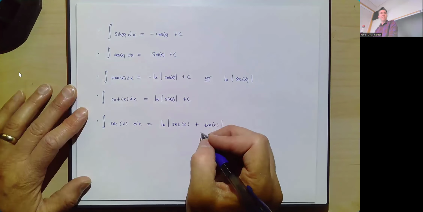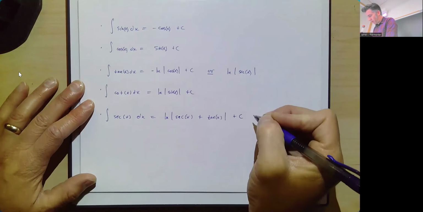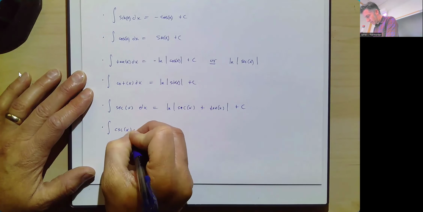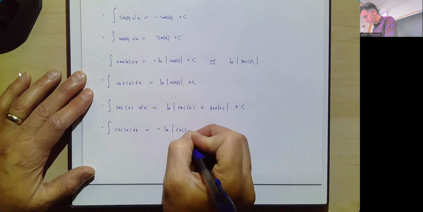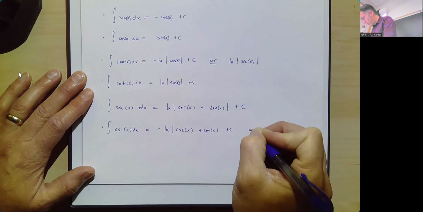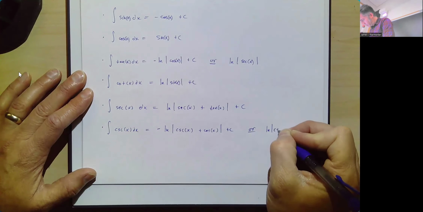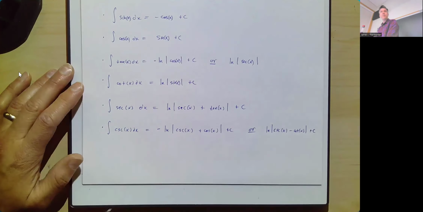I really have to differentiate between my plus sign and my t, the tangent there. Oh, well, and then finally, the integral of cosecant of x is the negative natural log of the absolute value of cosecant of x plus cotangent of x plus c. Or, if you're spicy, the positive natural log of cosecant of x minus cotangent of x plus c.